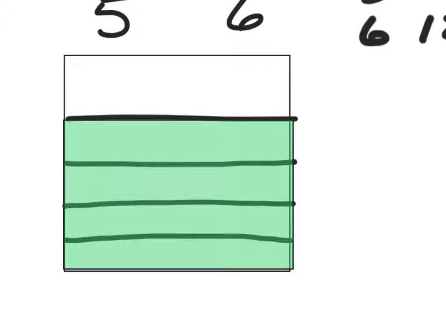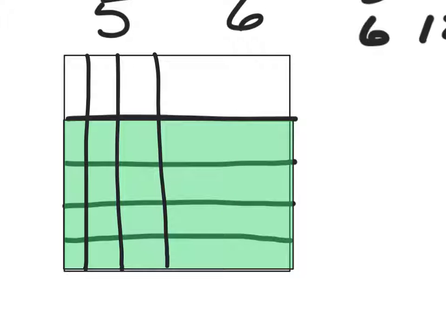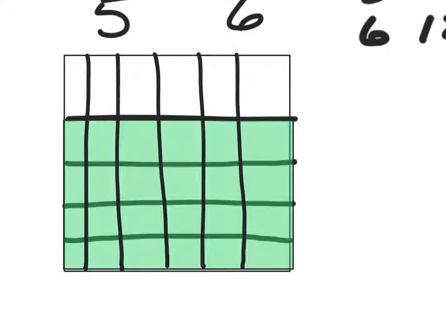It's easier to draw the lines in when it's bigger. So 5 lines, and here we go. 1, 2, 3, 4, and 5 lines will give me 6 parts. 1, 2, 3, 4, 5, 6 by 1, 2, 3, 4, 5. 5 times 6 is 30, and that gives me 30 parts, and that is lovely.